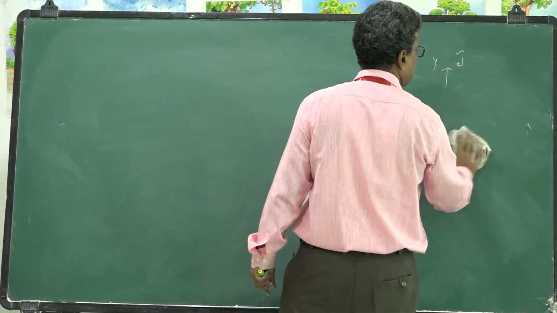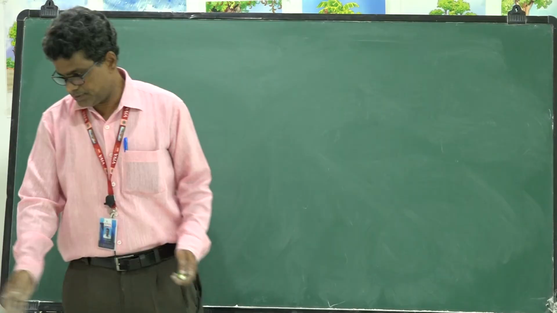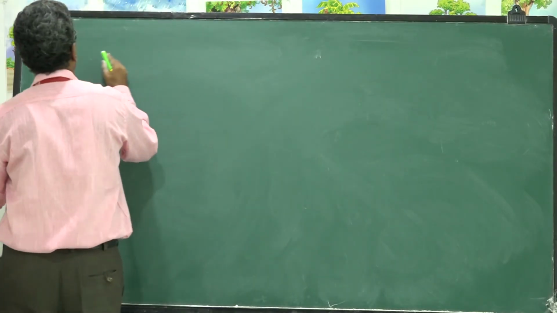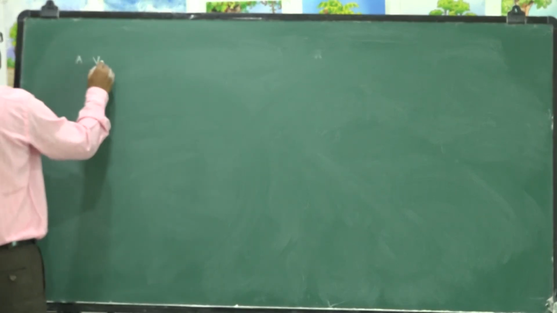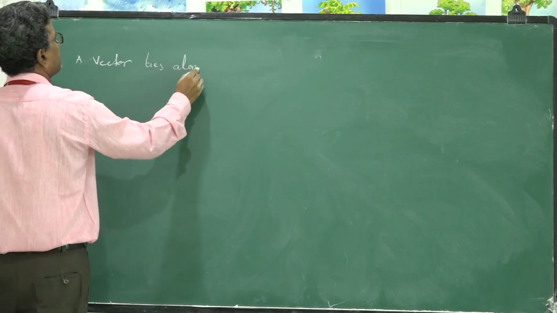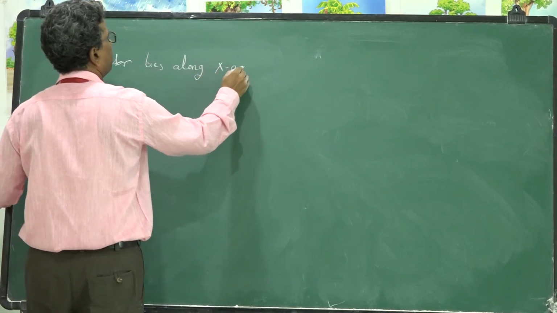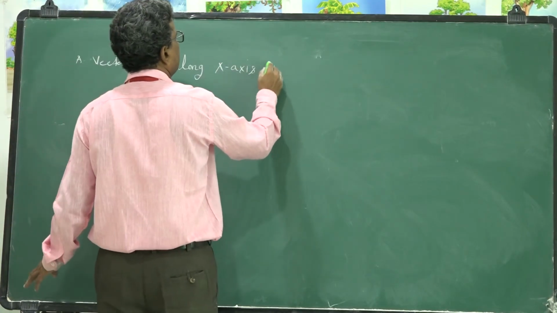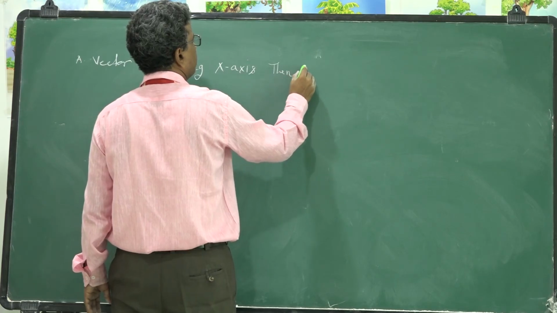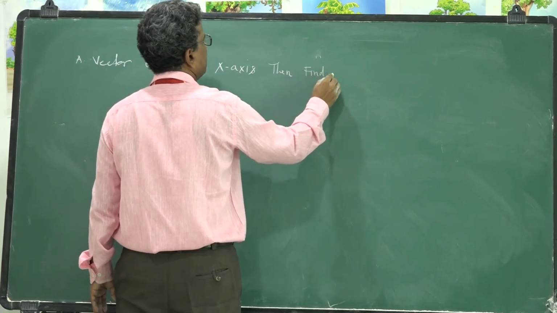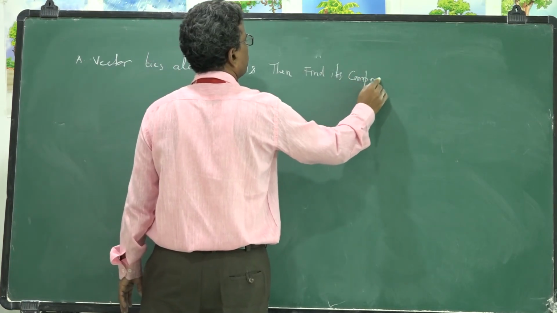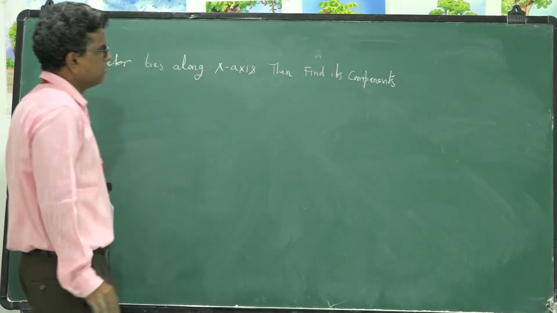Suppose a vector lies along x-axis, then find its components.